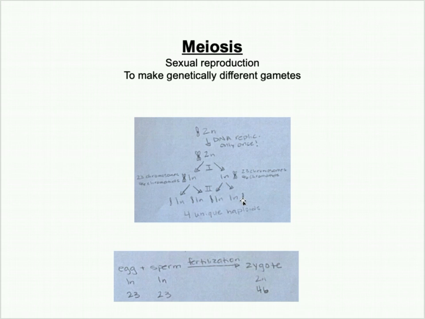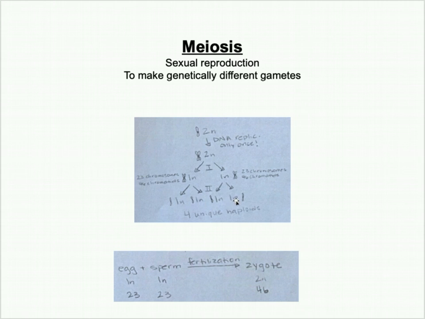So it will produce 2 haploids that will have 23 chromosomes each, 0 chromatids each. Overall, with meiosis, you produce 4 haploids with 23 chromosomes, 0 chromatids, that will be genetically different from each other due to an event called crossing over, which we will discuss later on.